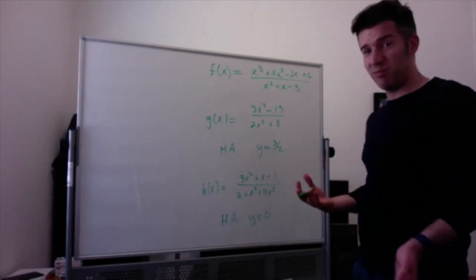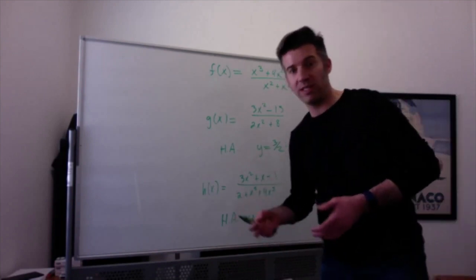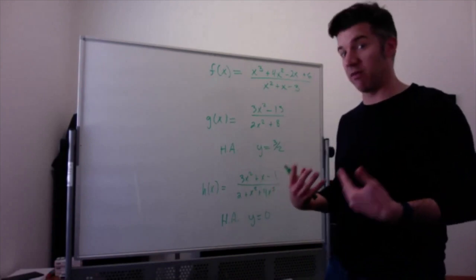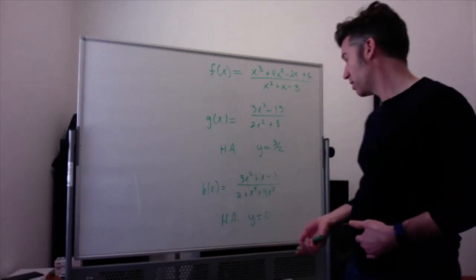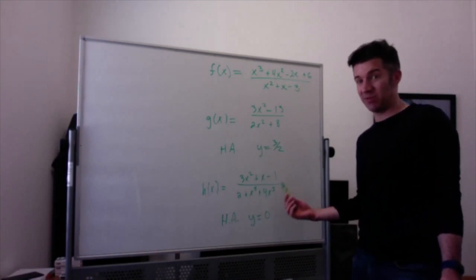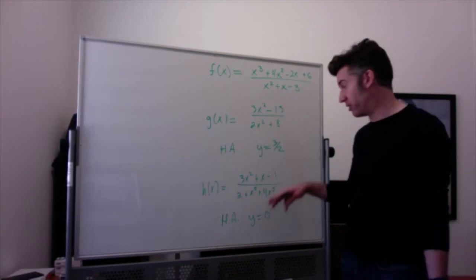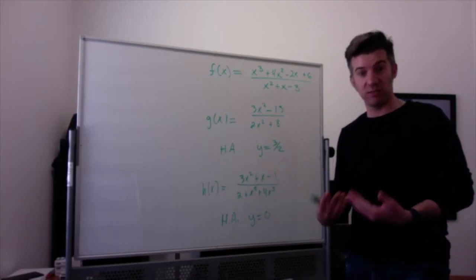Another way to think about this, by the way, is that when I'm talking about horizontal asymptote, I'm talking about what's happening to the function as x is getting very large or very negatively large. It makes sense that if the denominator has a higher power, then when x gets really, really large, the denominator is going to be much, much larger than the numerator, which is going to make the fraction very small.